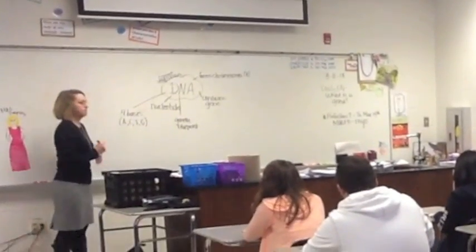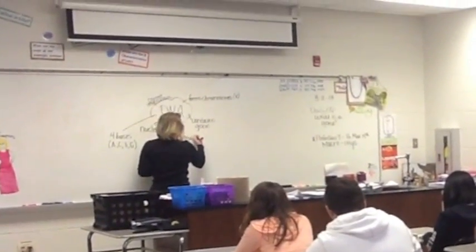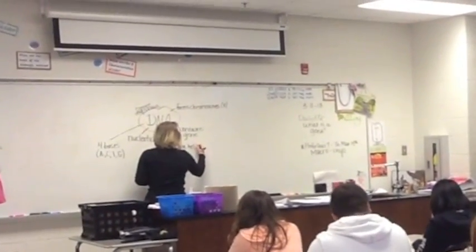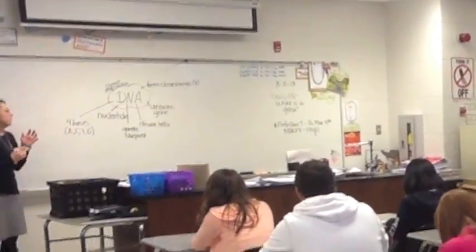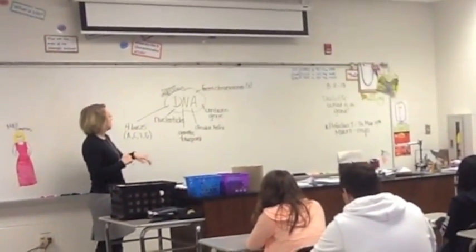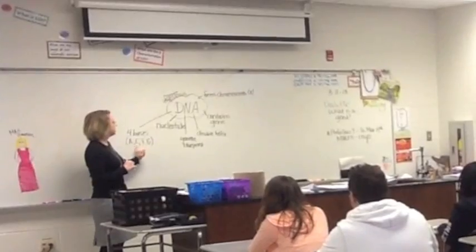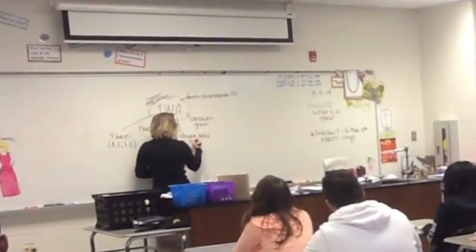Okay, and then it's a double helix structure. Good. Very good. Okay, so genetic blueprint is the function. All right, it has 4 bases, A, T, C, and G, and then the structure is a double helix. We'll put structure in parentheses.